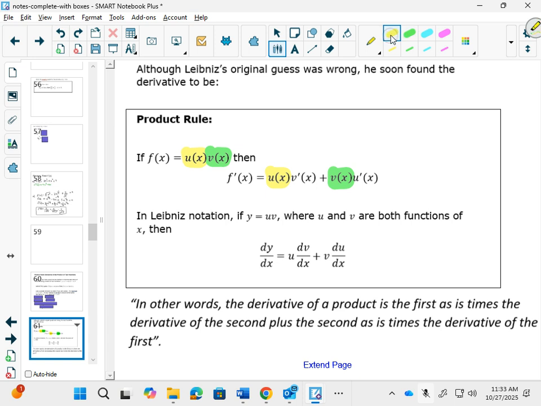In the second one here, if you have a function u times a function v, you keep the u the same, and this is Leibniz notation. dv dx is the derivative notation for Leibniz. And then keep the second one the same, and multiply by the derivative of the first one.